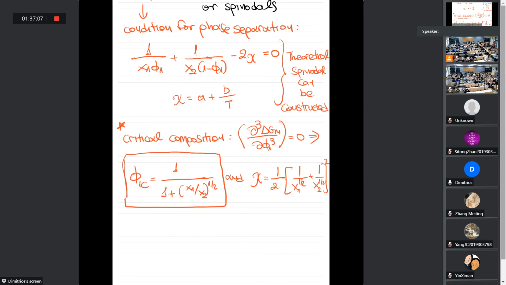Okay. So that is how the phase diagrams are essentially fabricated, and a lot of information can be extracted from a phase diagram.